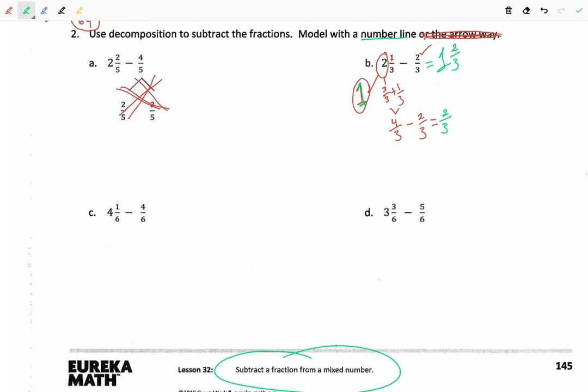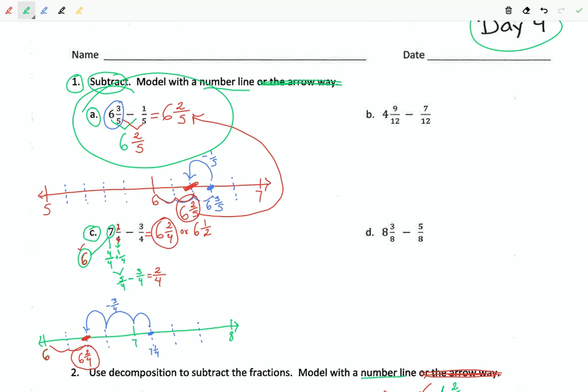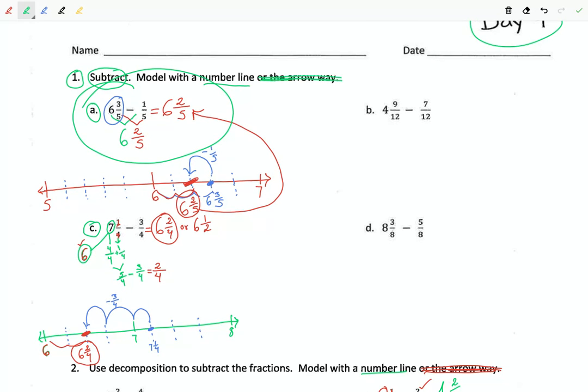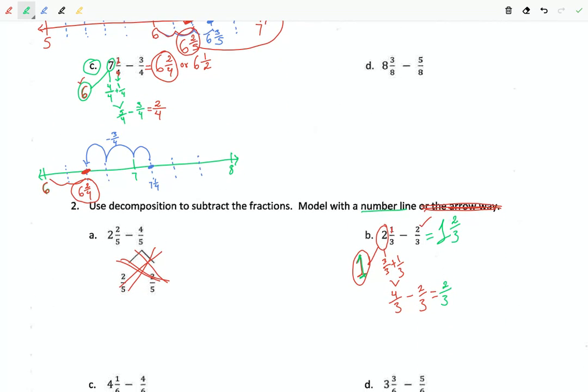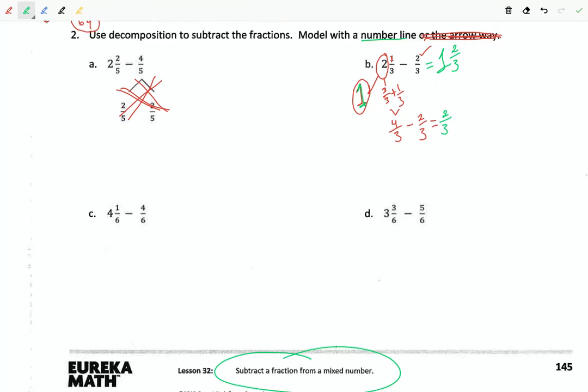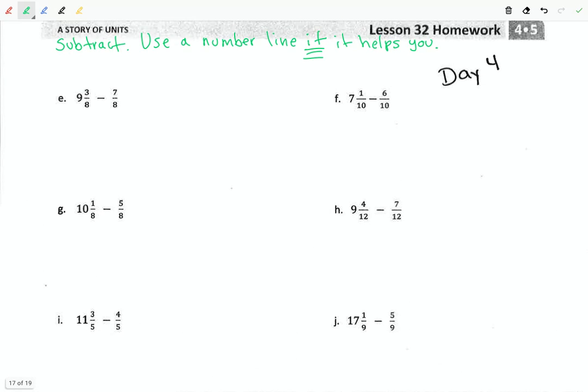In another video for day 4, I explained how sometimes it is necessary to use a number bond, such as in 1c. That's when the fraction in the mixed number is smaller than the fraction that you're subtracting. Okay, and so we will need to borrow one whole from the whole number in the mixed number.